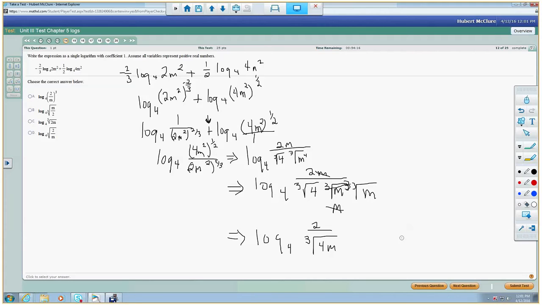Now I need to rationalize the denominator. I don't know if this is going to work or not, but so that'd be the cube root of 16 m to the second over cube root 16 m to the second.